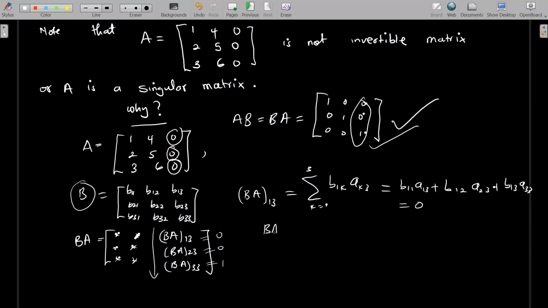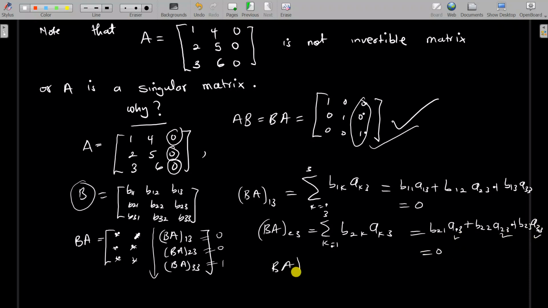Likewise, if you do the same for (BA)23, it's the summation as k goes from 1 to 3 of B2k Ak3, and if you expand, you get B21 A13 plus B22 A23 plus B23 A33, and again A13, A23, A33 are all 0, so you get 0.